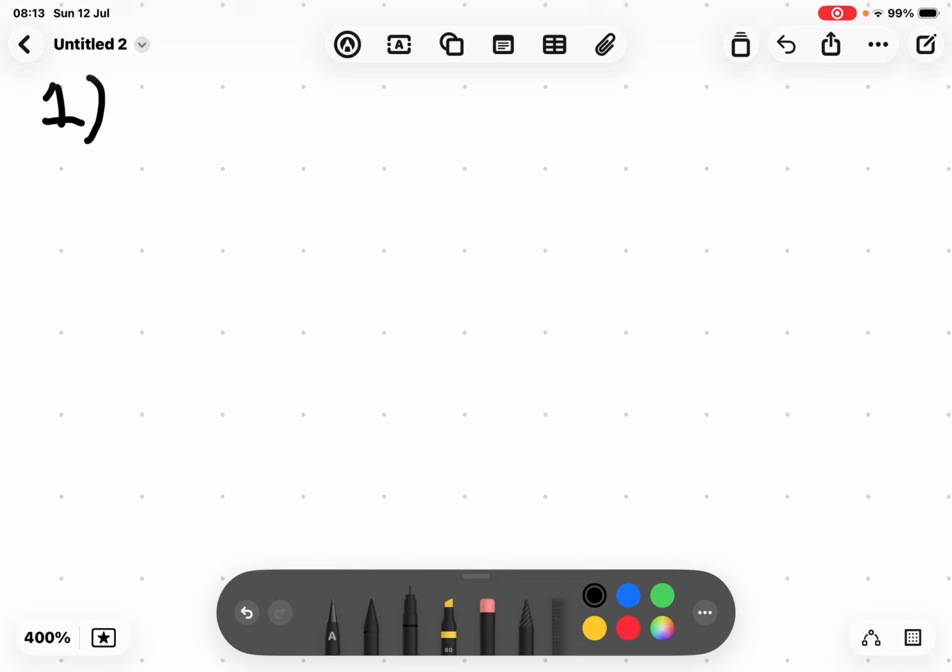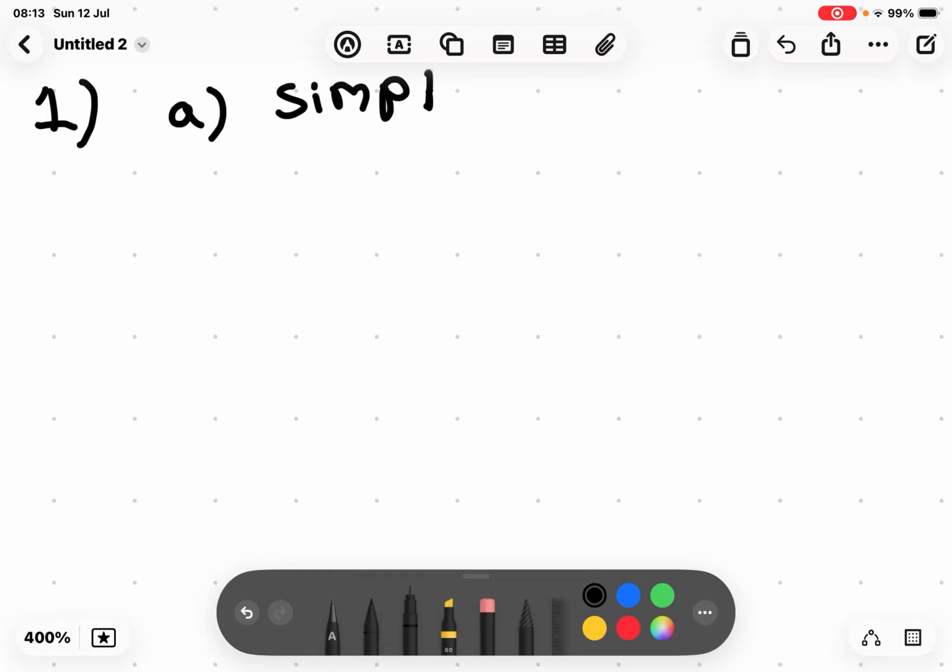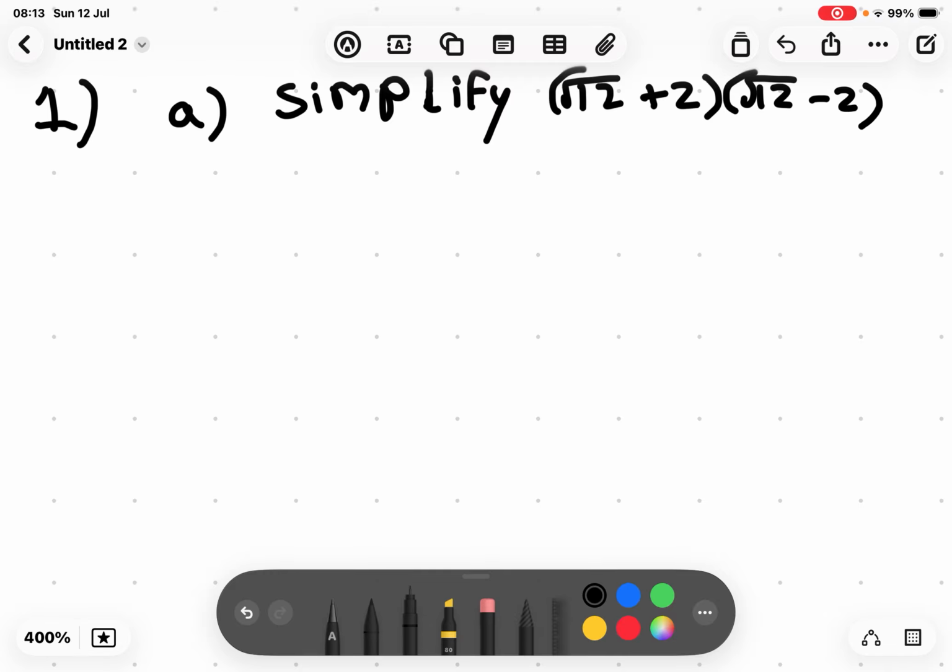A. Simplify 12 rooted plus 2, 12 rooted negative 2.